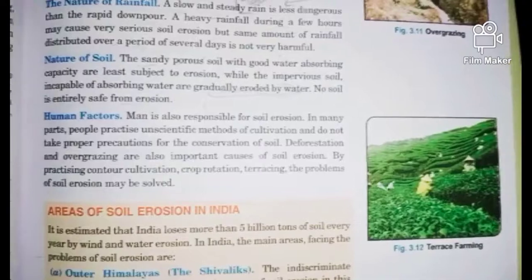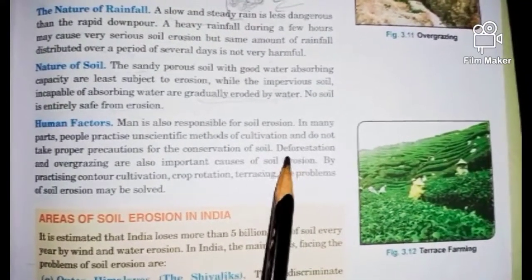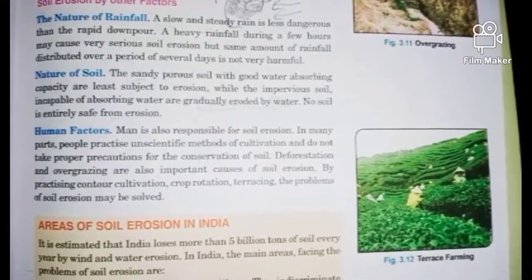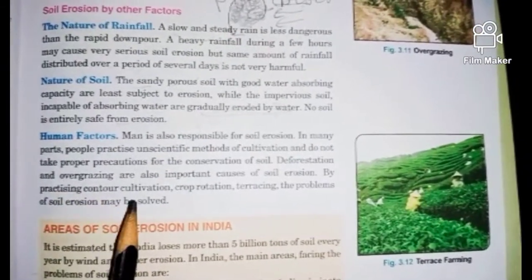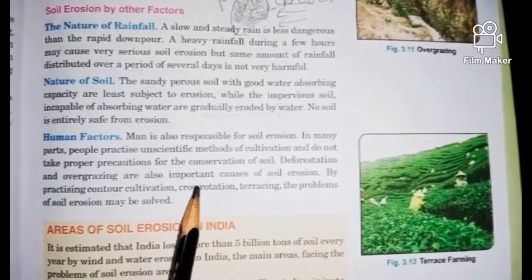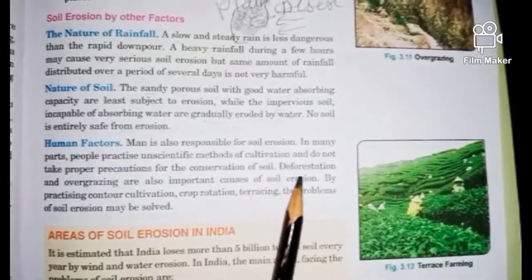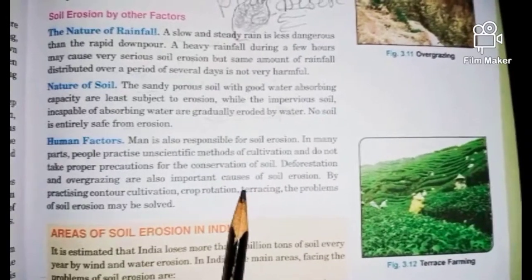Somewhere we have deforestation, meaning the cutting of forest in large quantity for industrial development and for human habitation. And somewhere we have overgrazing, which also causes the soil to loosen. And as the soil loosens, definitely we can see soil erosion by wind and by water.